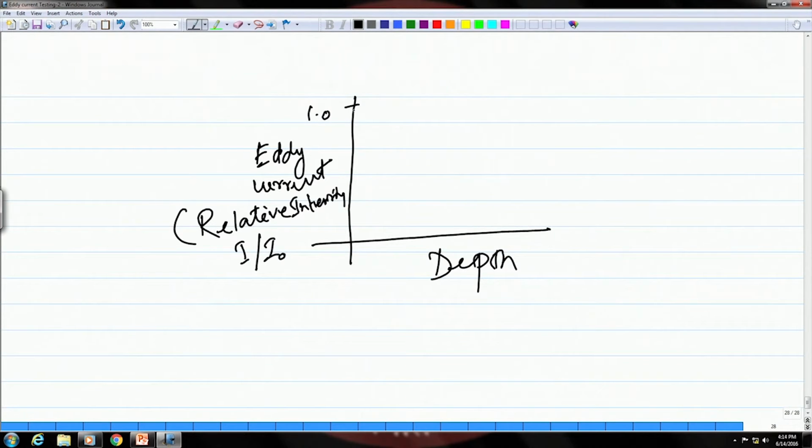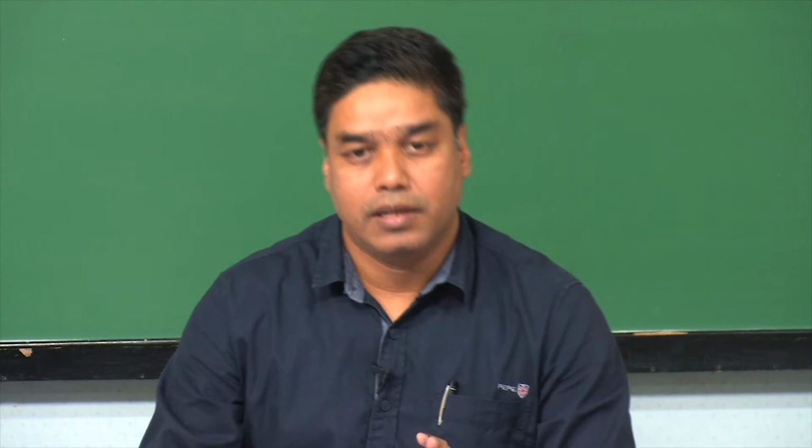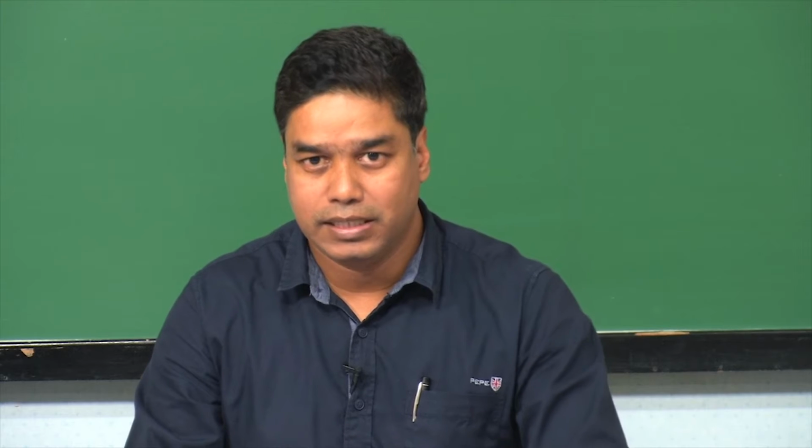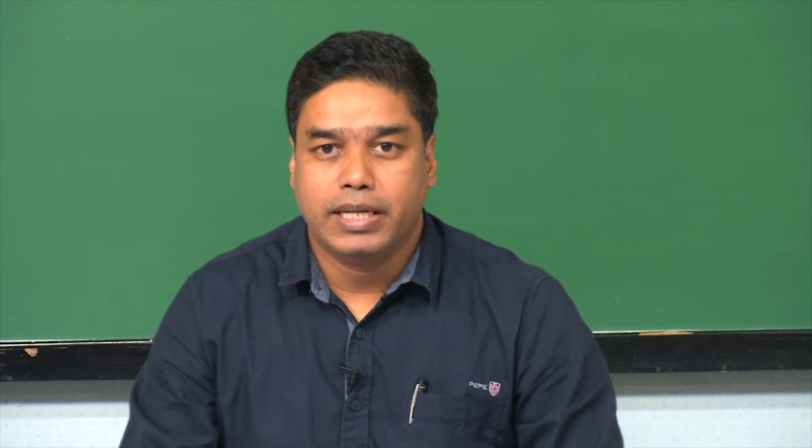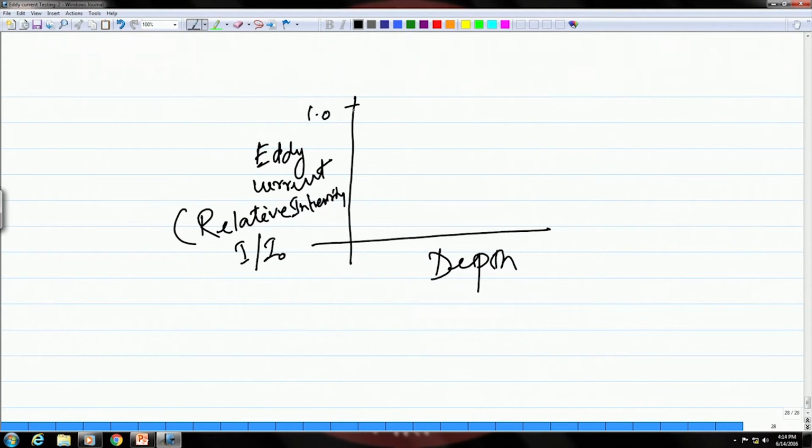Okay. So, if I by I naught is 1, that is right at the surface, and as you increase the depth from the surface, the eddy currents will decrease like this.